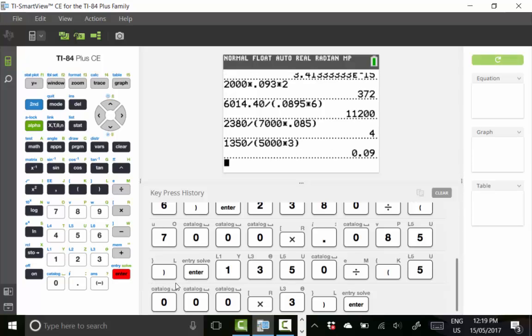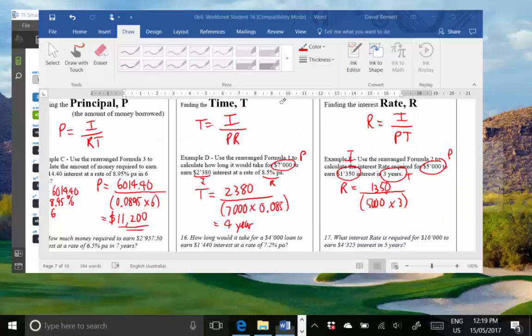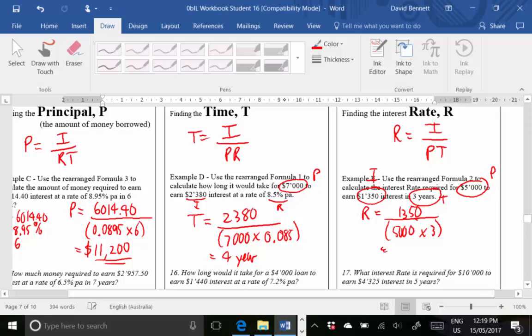So that's 0.09, which we could write as 9%. That's the interest rate you'd need to get in order to do that.